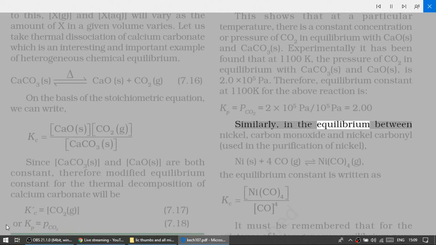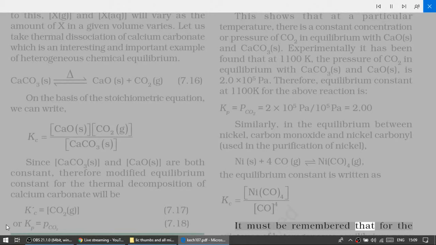Similarly, in the equilibrium between nickel, carbon monoxide and nickel carbonyl, used in the purification of nickel, Ni(s) + 4CO(g) ⇌ Ni(CO)4(g), the equilibrium constant is written as Kc = [Ni(CO)4]/[CO]^4.